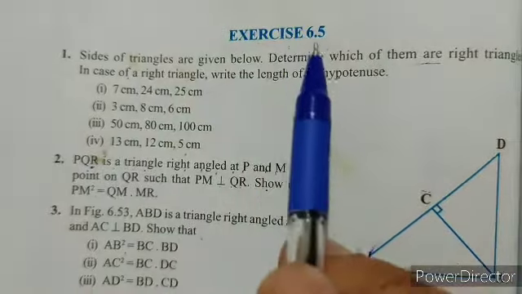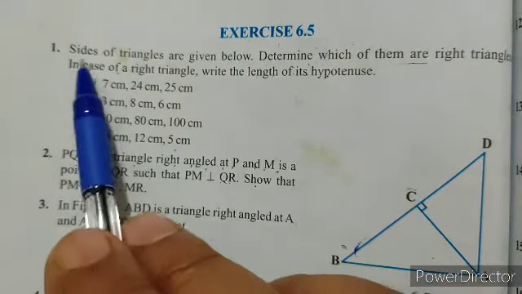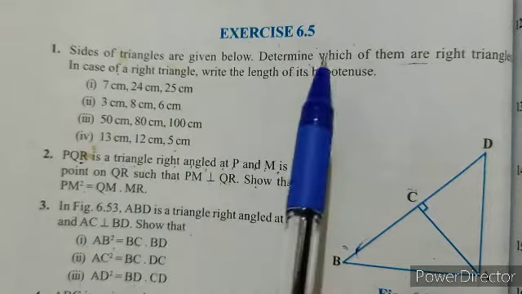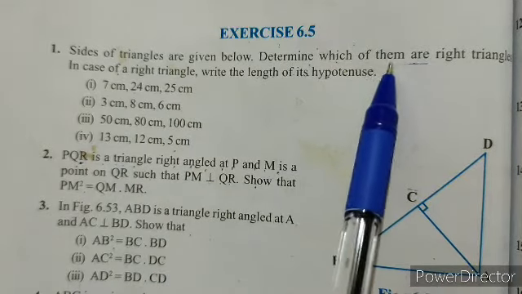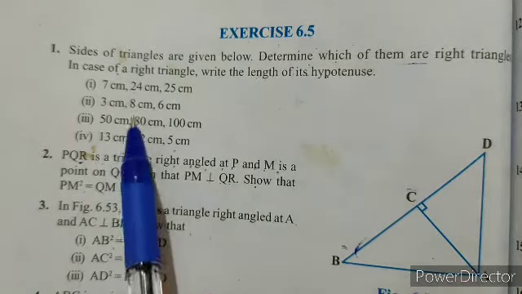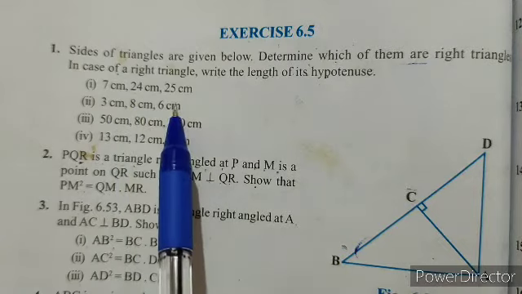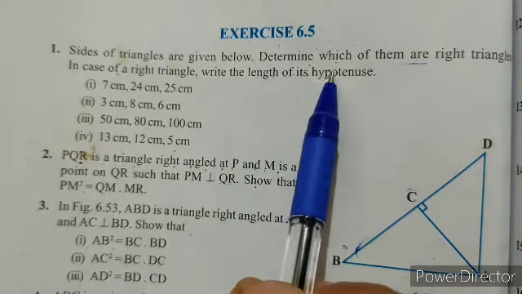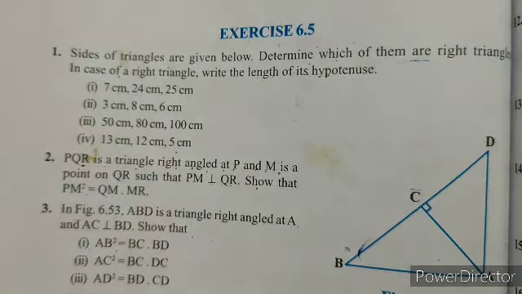Now come to exercise 6.5. In question number first, sides of a triangle are given below. We have to determine which of these triangles are right angle triangles, and in case they are right triangles, then find the length of hypotenuse.